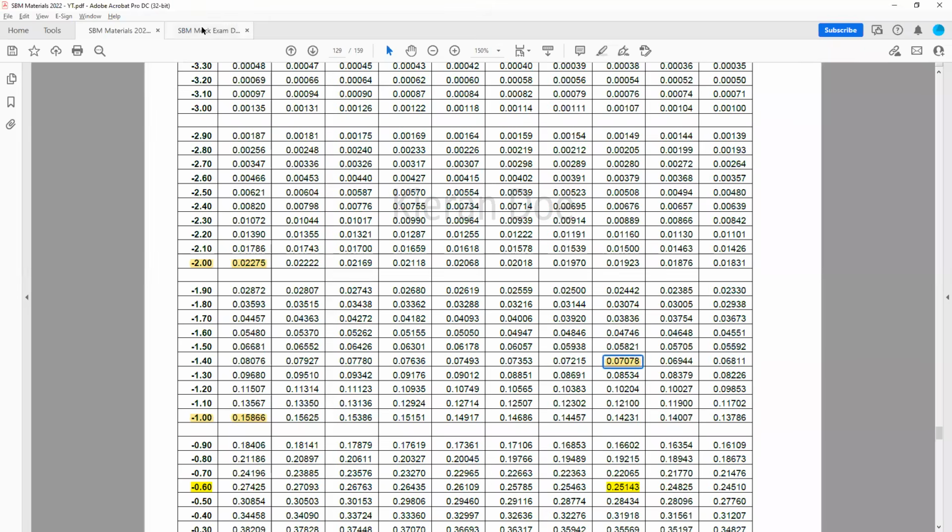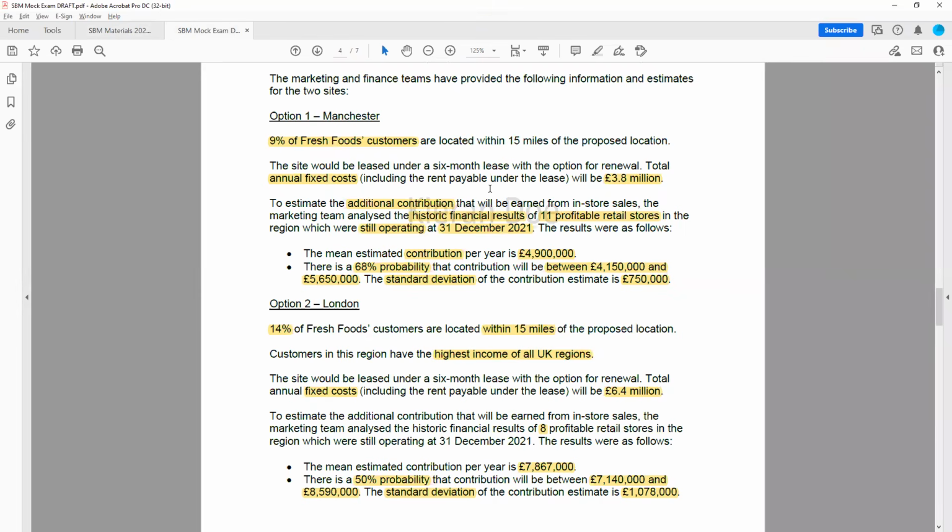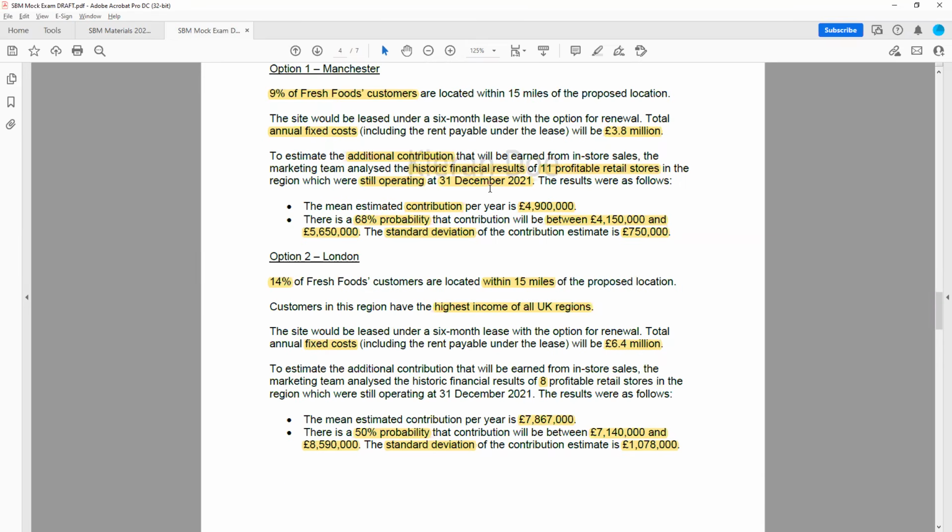So then we'll have a quick talk through the next part of the question. We could look at the same thing with London. Again, we've made some of these points already, but we could think with London, does this follow normal distribution?